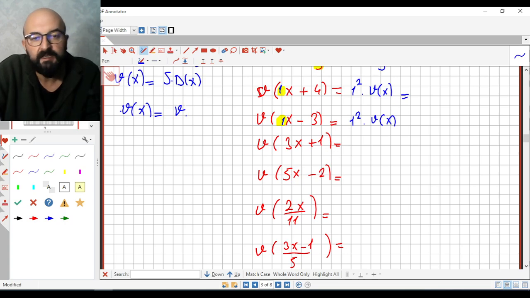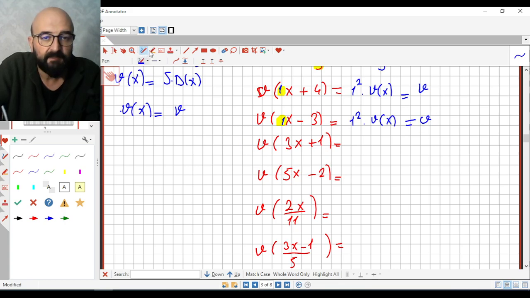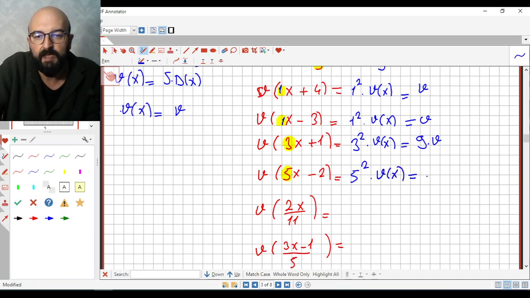Also, we set the variance of x as v, so this is equal to v. The variance of 3x plus 1 is 3 squared times the variance of x, so 9v. The variance of 5x minus 2 is 5 squared times the variance of x, so 25v.